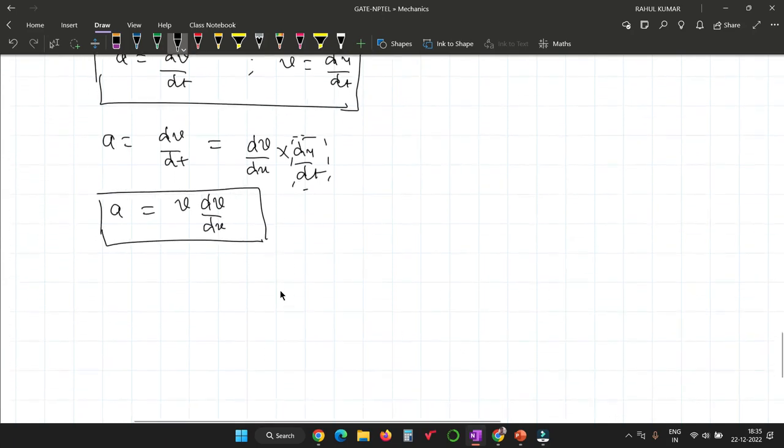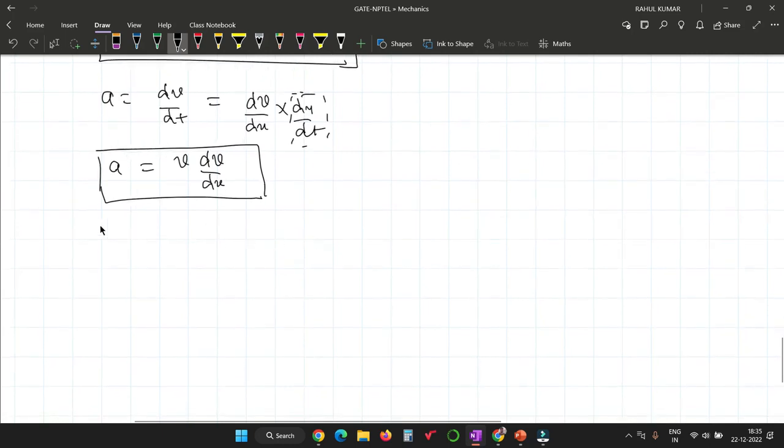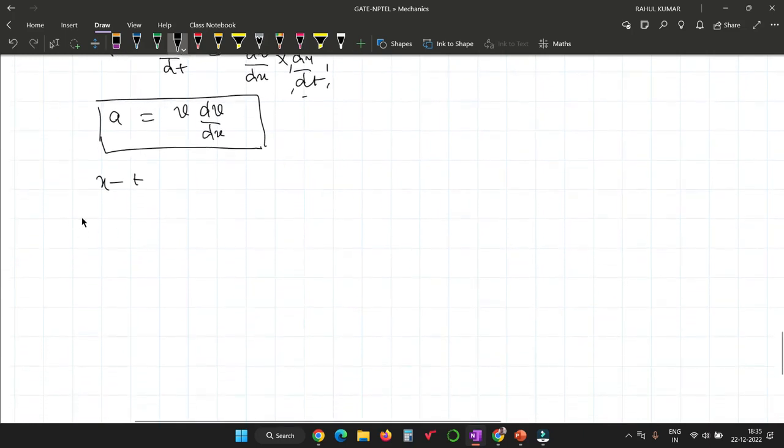Suppose you have an x versus t diagram. If the xt diagram is concave up, what does it mean? Tell me. If the xt diagram is concave up, what does it mean?